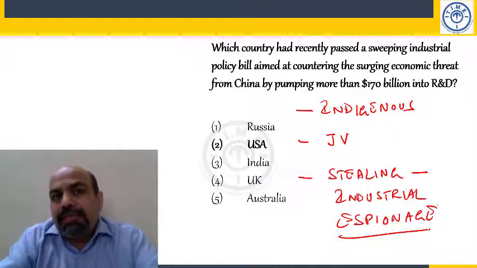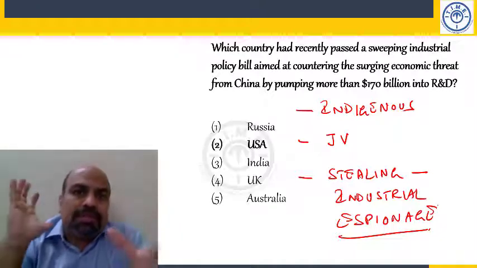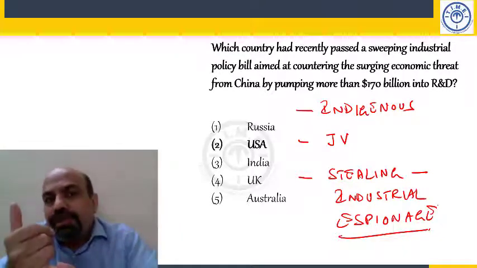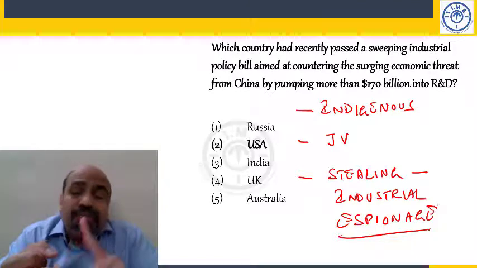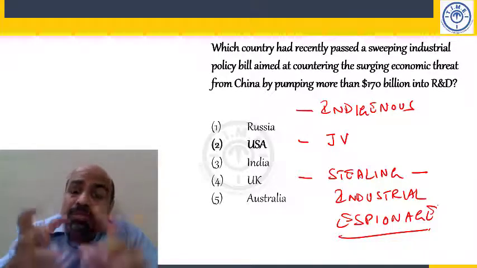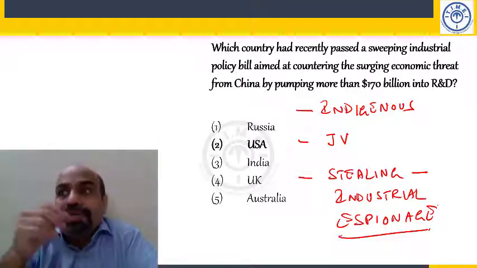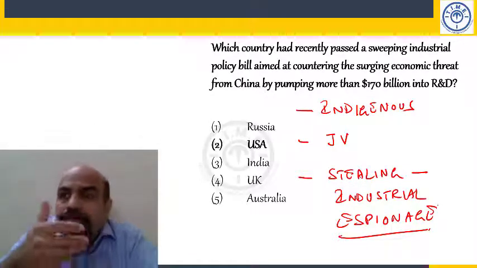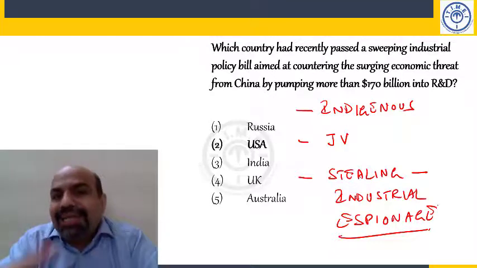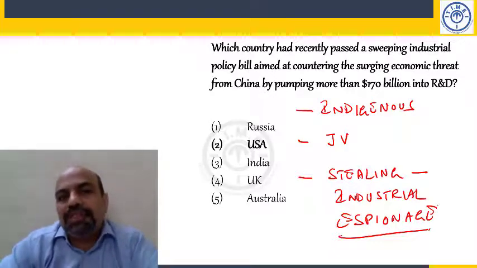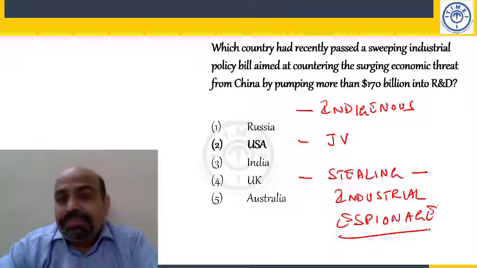The Chinese government-backed cyber hackers have broken into the systems of IBM, Boeing, Lockheed Martin. You name a company, they have broken into the systems and stolen copyrighted material, intellectual property rights, all kinds of data related to defense stuff. And I'm not kidding.